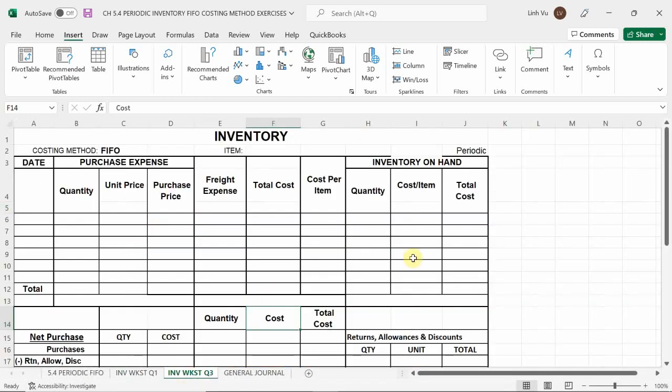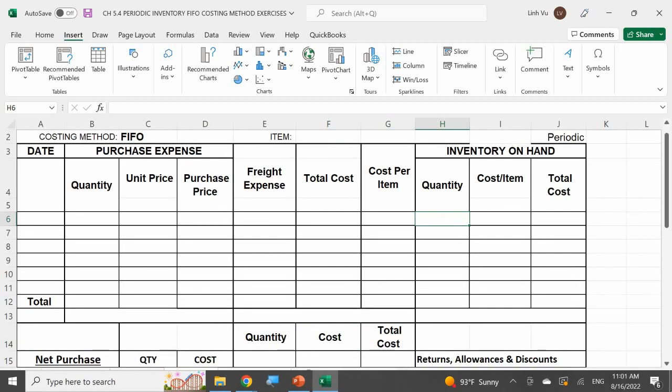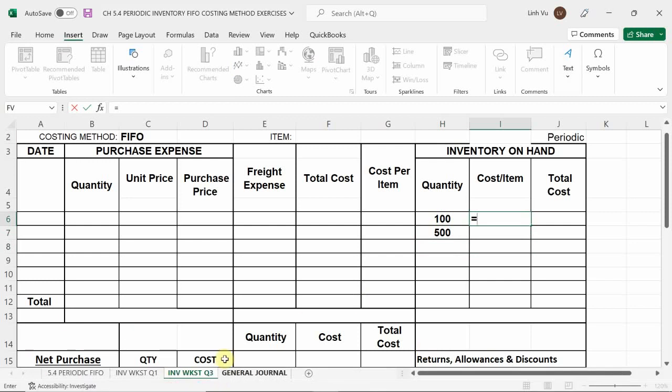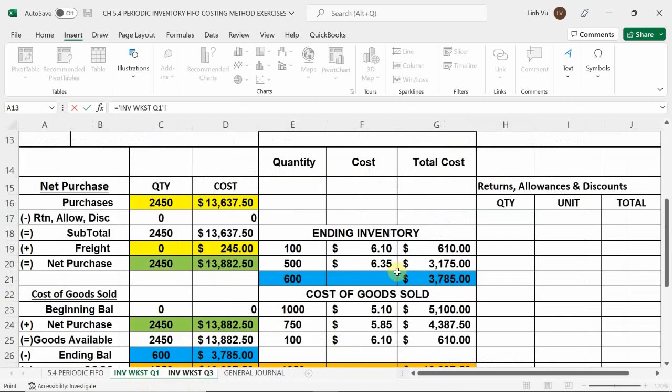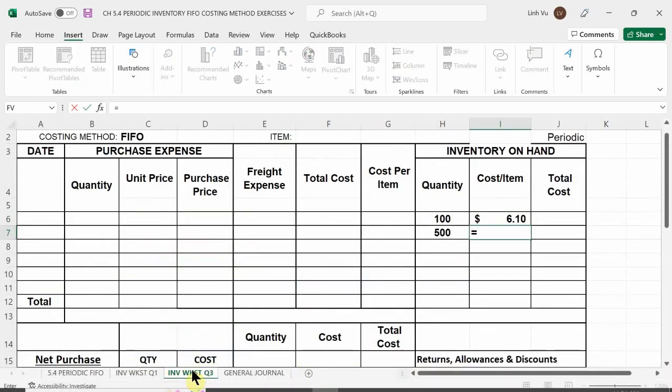Right? Because it's a continuation of inventory, but you're starting on a new cycle. So what we're going to do here is use our inventory on hand section. So again, we recognize that we had 100 and 500. We know for a fact that the first one cost you $6.10 and the second one cost you $6.35.